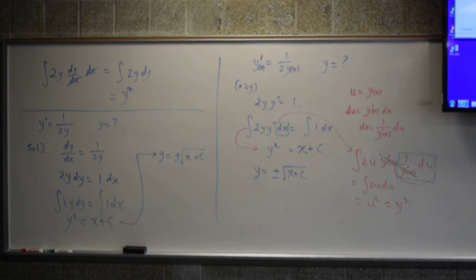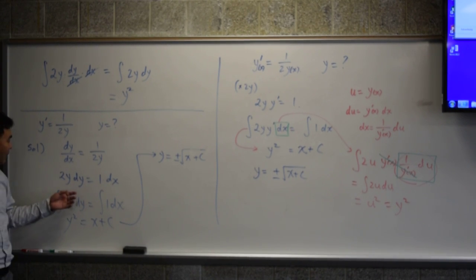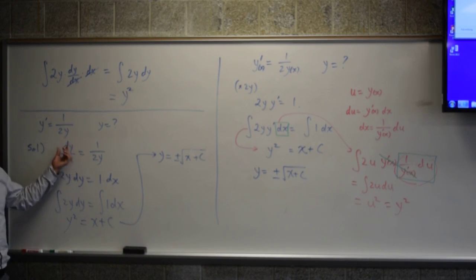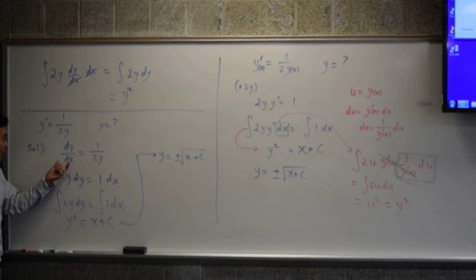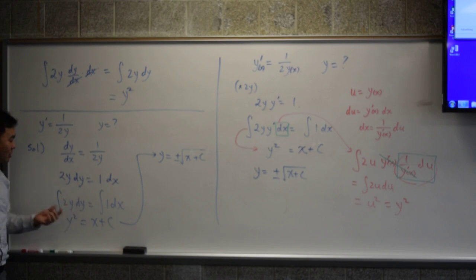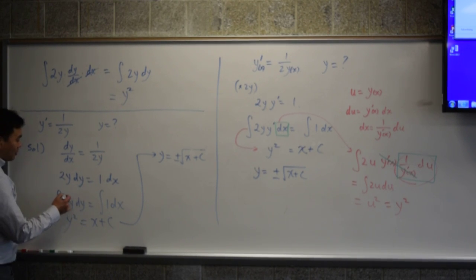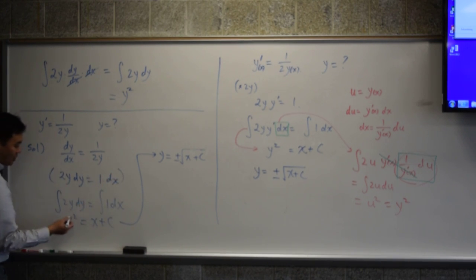Now, I could have just shown you this in the beginning and not explained further, but a lot of people would be uneasy about how you can suddenly think of this as a fraction and move this to the other side. What's really going on is I'm not really multiplying this to the other side. Rather, at this stage, you can skip this step and say I'm integrating both sides by dx.